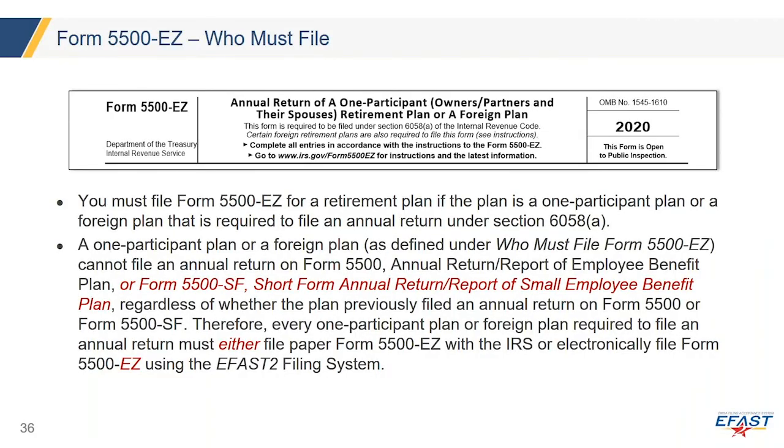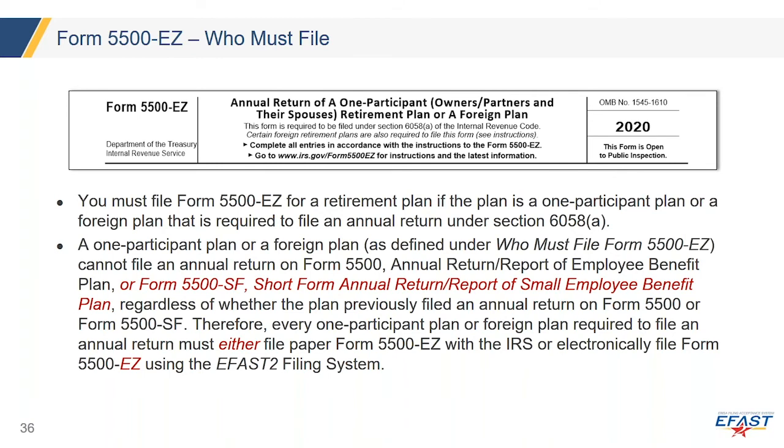So who must file the Form 5500 EZ? We all know that the Form 5500 and the 5500 SF are used to file for the employee benefit plans that are required under ERISA and the Internal Revenue Code.